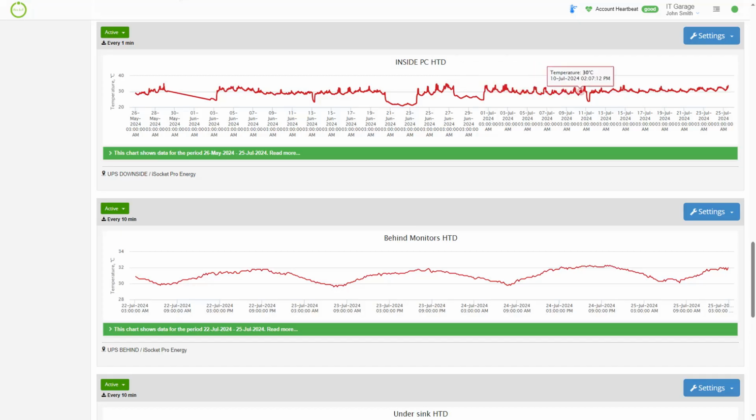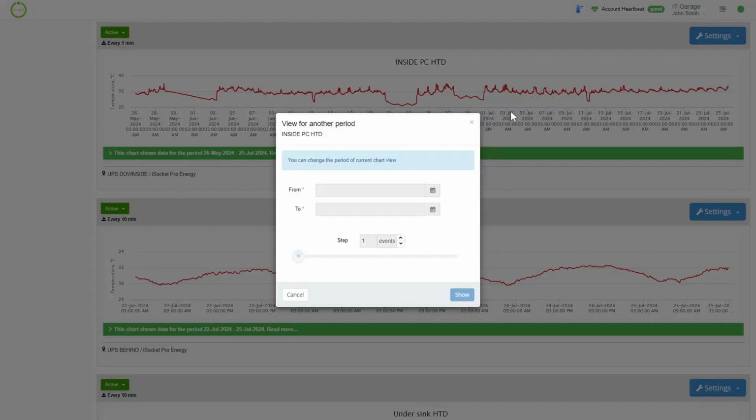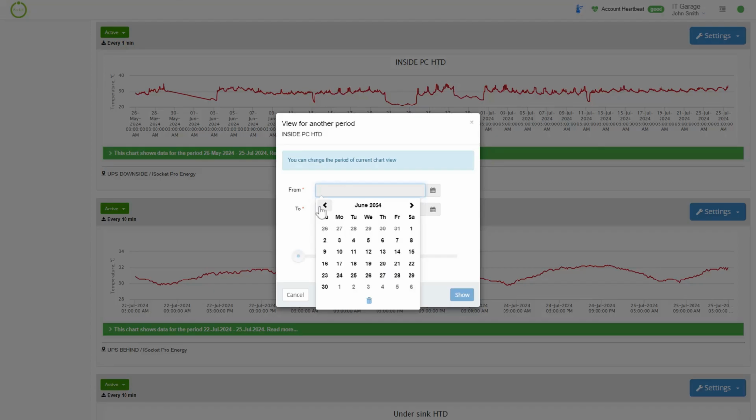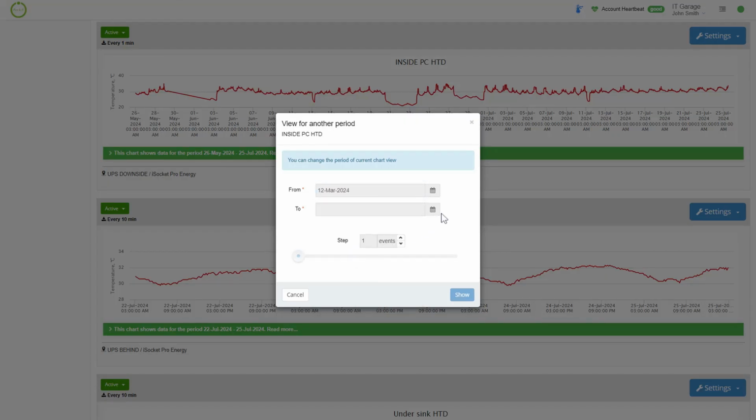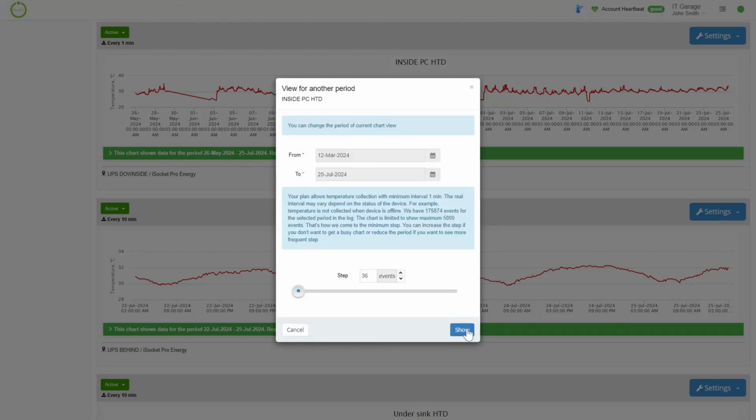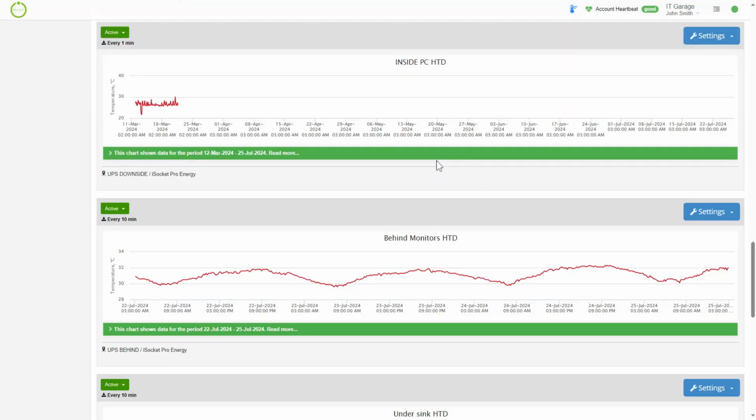So it's almost the same as outside of the computer. So view another period. No, we should do from March, when we had cold outside.